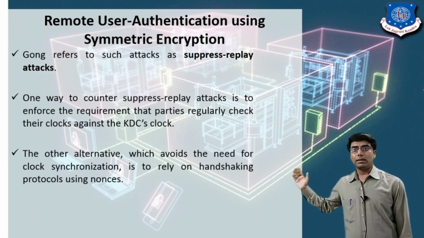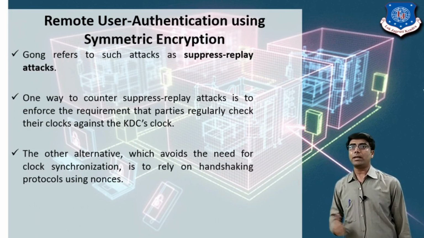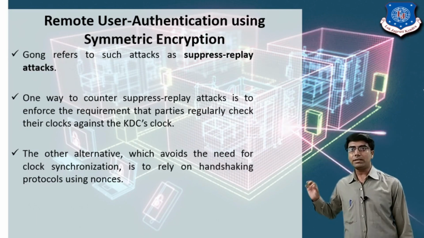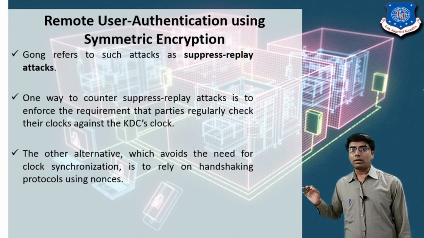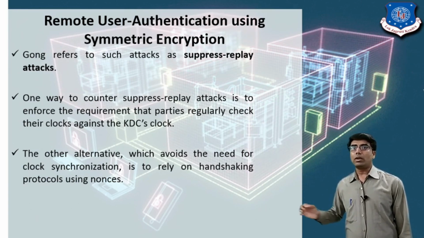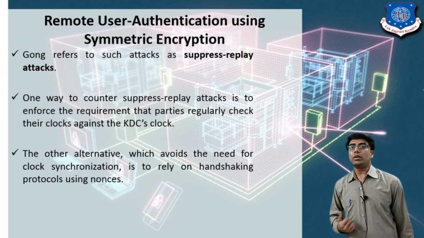Now the other alternative, which avoids the need for clock synchronization, is to rely on a handshaking protocol using the nonce. It means that all the clocks will not always synchronize to each other, so to avoid this problem we rely on a handshaking protocol using the nonce.